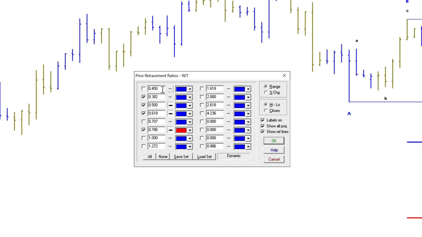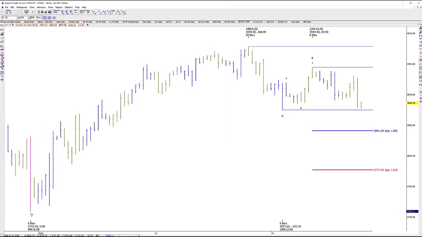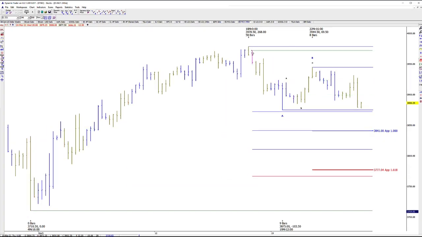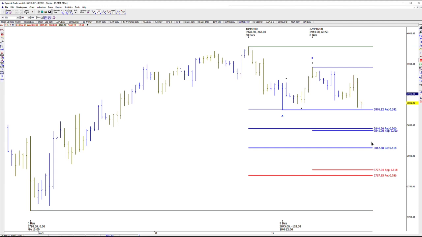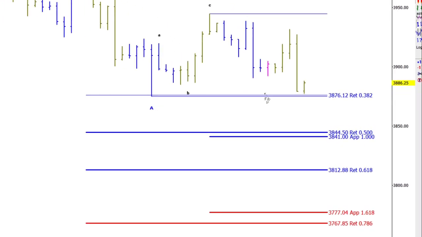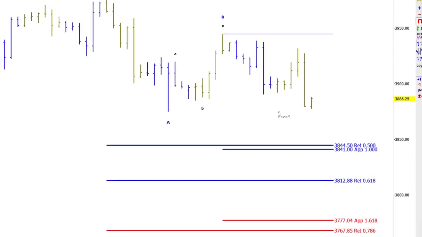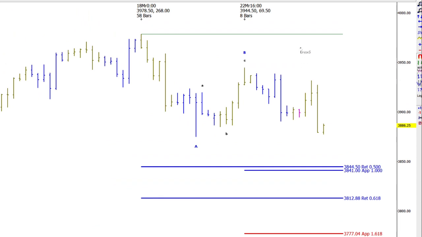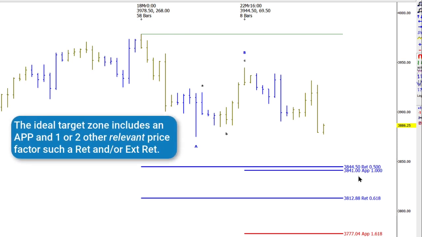So we've got 38, 50, etc. Let's do our retracements. And let's just eliminate the 38%, because that's right near where that low is. Oh boy, we've got the 100% alternate price projection just within a couple points of the 50% retracement.